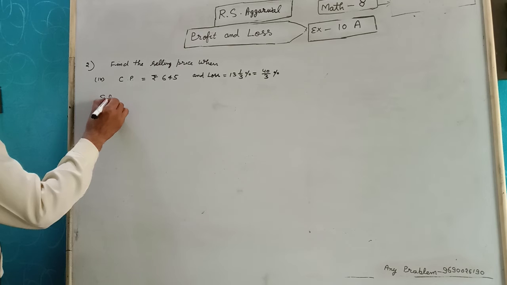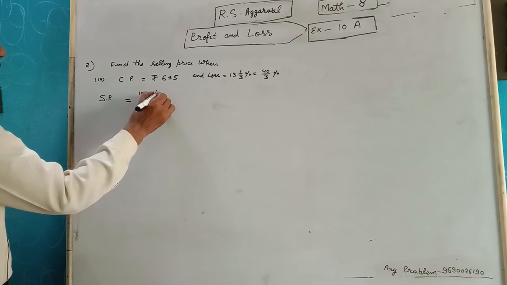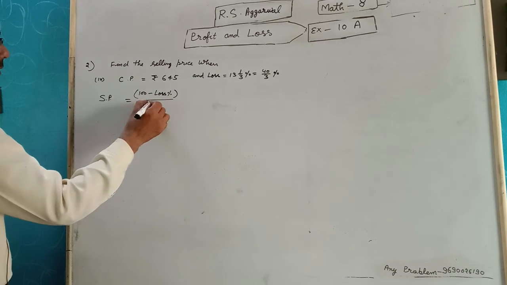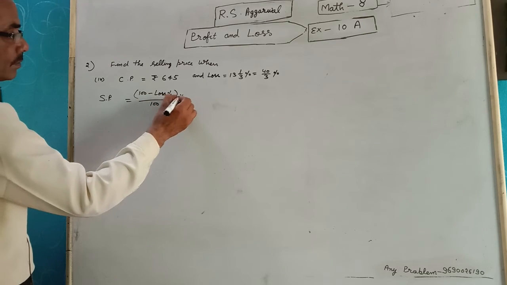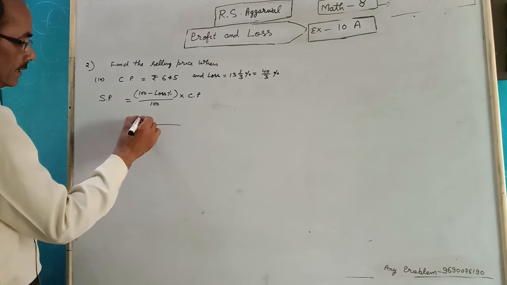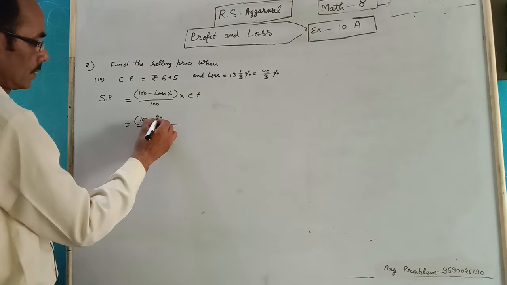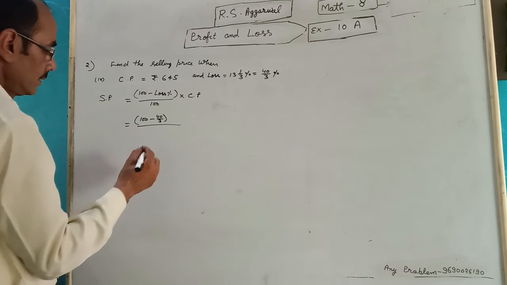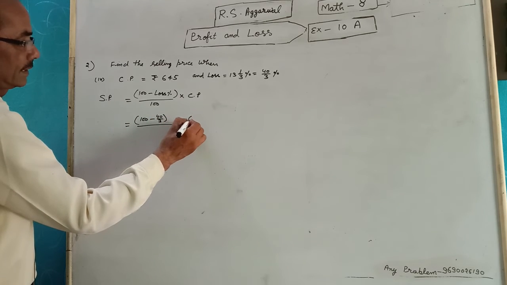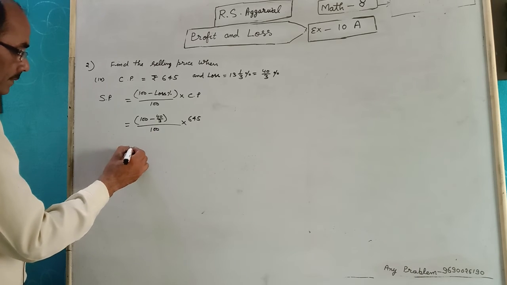We find the SP: (100 minus loss percent) upon 100 into CP. 100 minus loss is 40/3 into CP is 645. 100 it is same.